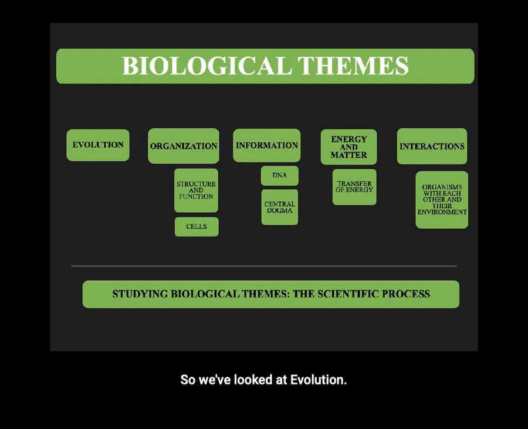So we've looked at evolution, we've discussed organization, and under organization, we've talked about the correlation between structure and function, and we've discussed how cells are the smallest unit of life. We've discussed information. We've talked about how DNA encodes for genes and resides in the nucleus in a packed form known as chromosomes.